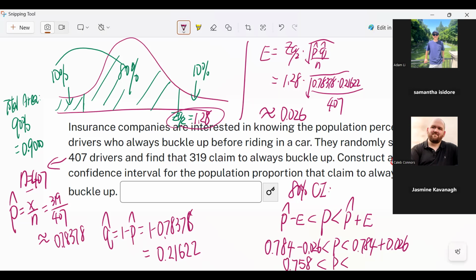And then the upper limit, 0.830. No, actually, it's 0.810. Yeah, 0.810.